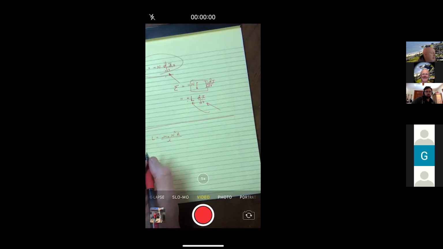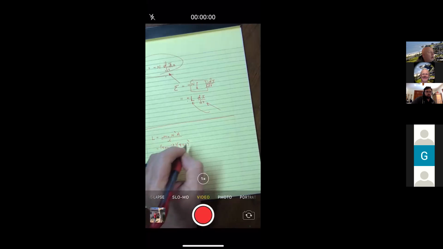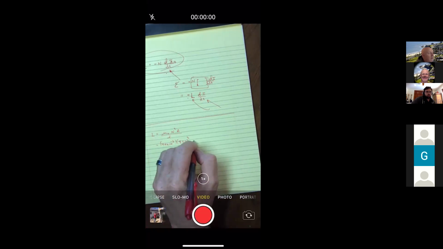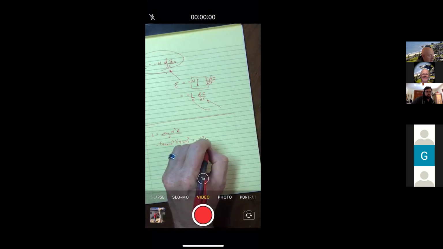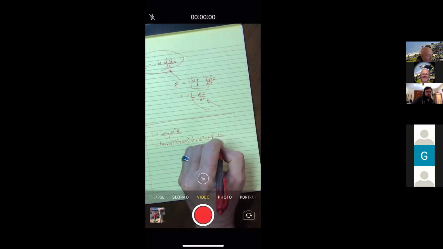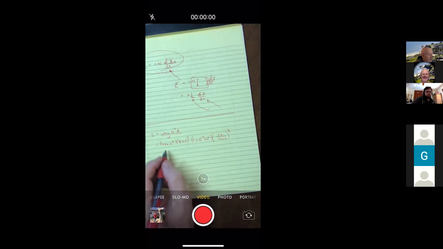Okay, now I see where you're coming from, because he then writes 4 pi times 10 to the negative 7. Then he writes the number of turns, 820. Good. Yeah, and then this area is 1 times 10 to the negative 4 centimeters squared. And then when you convert it, yeah, you should have 1 meter over 100 centimeters, and there should be a square right there.